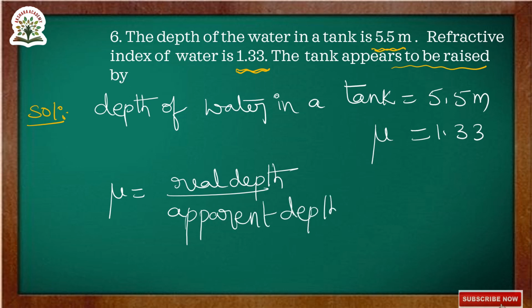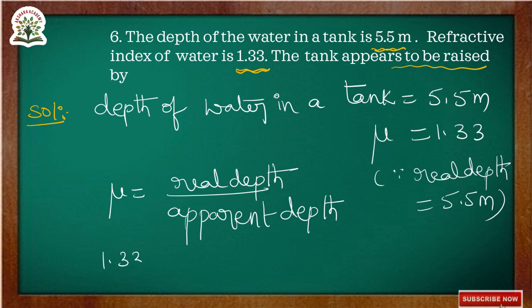Real depth by apparent depth. Here they given real depth is equal to 5.5 meters. Depth of water is nothing but real depth. So mu, they given as 1.33, is equal to real depth, 5.5, by apparent depth, which is the question mark.